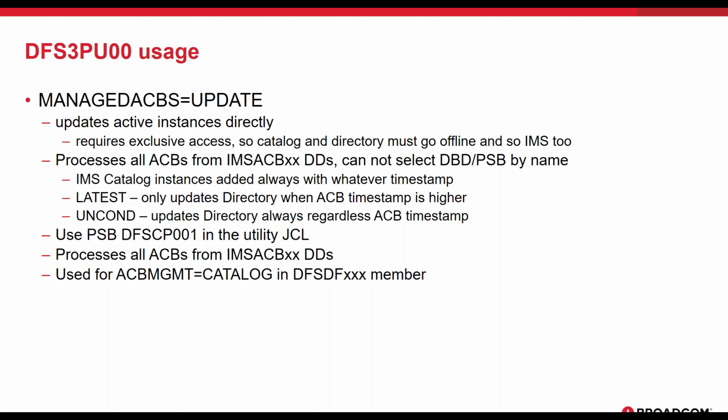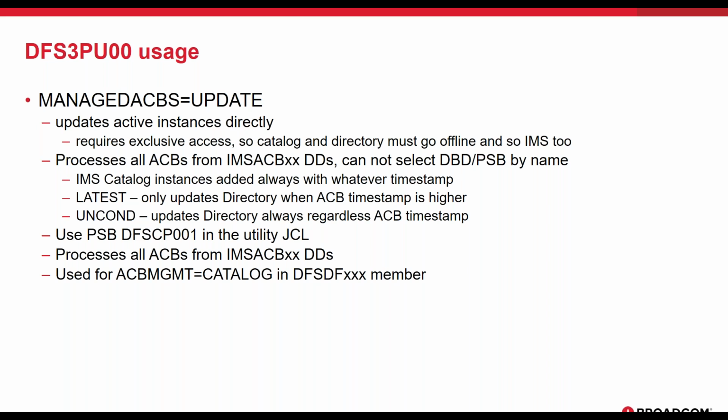With the IMS catalog, it's much easier because the instances are always added, because the catalog can store multiple instances, and one of the primary identifications is the timestamp. So in a catalog, the required instance can be easily found.